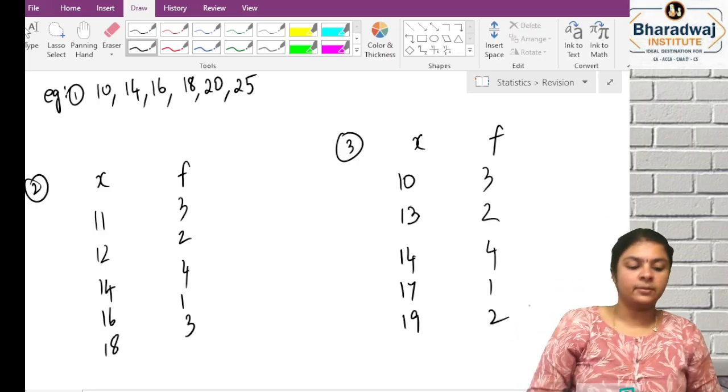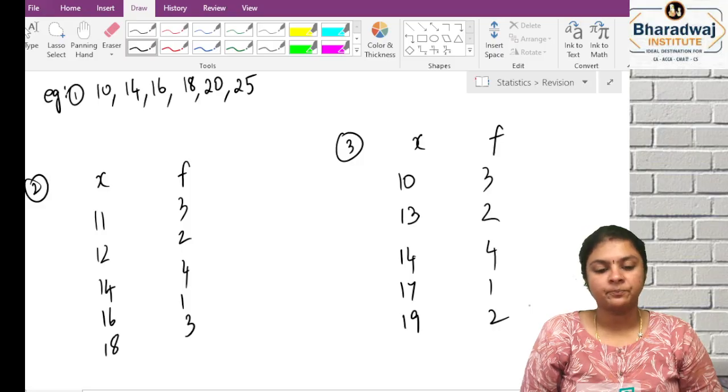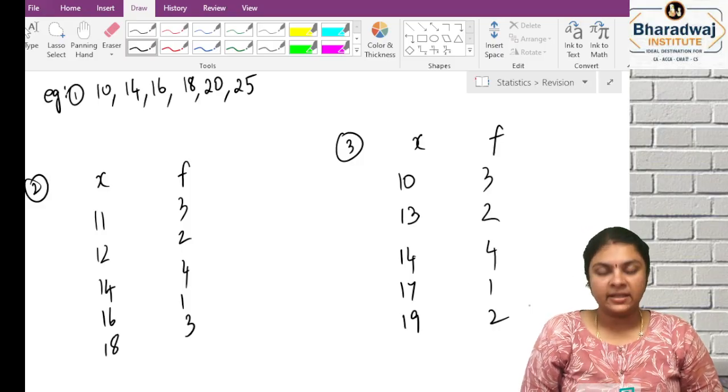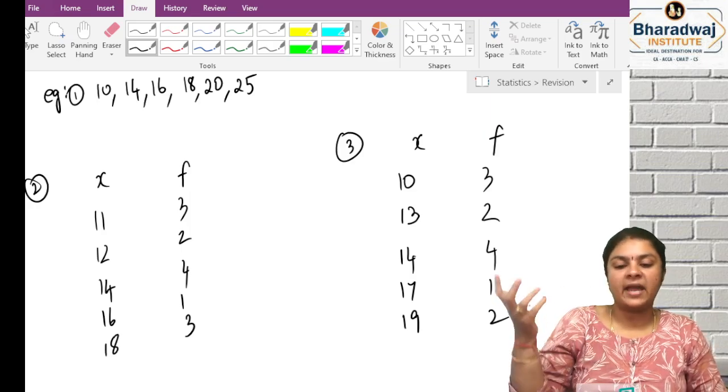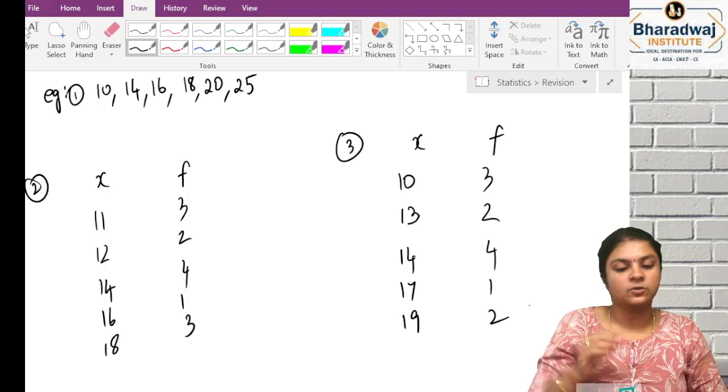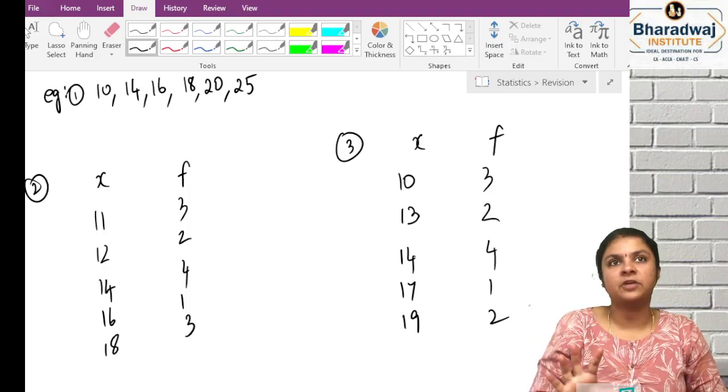I've just given random numbers. You can work out. Find the standard deviation. You can either use the first formula x minus x bar, or you can use sigma x square by n minus x bar the whole square. Either way, x bar you need to first calculate.